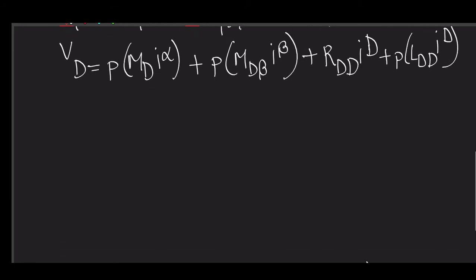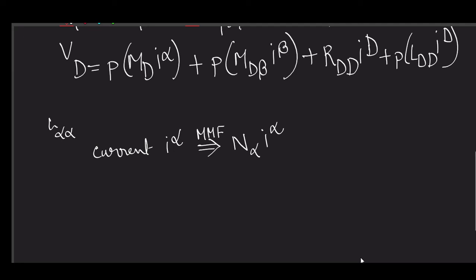Consider L alpha alpha for calculation of L alpha alpha. Let us consider the current I alpha. It is responsible for production of MMF, that is N alpha I alpha, on its own axis.